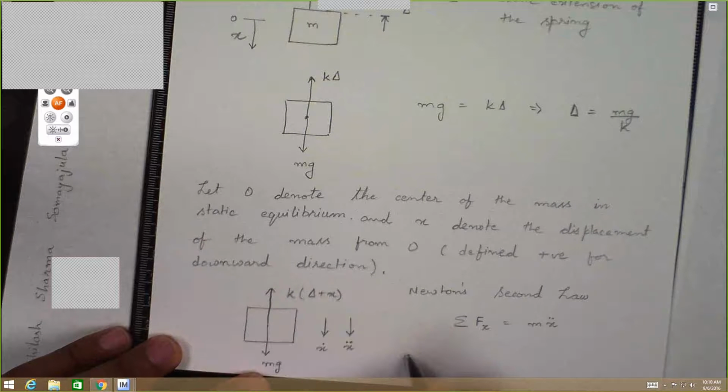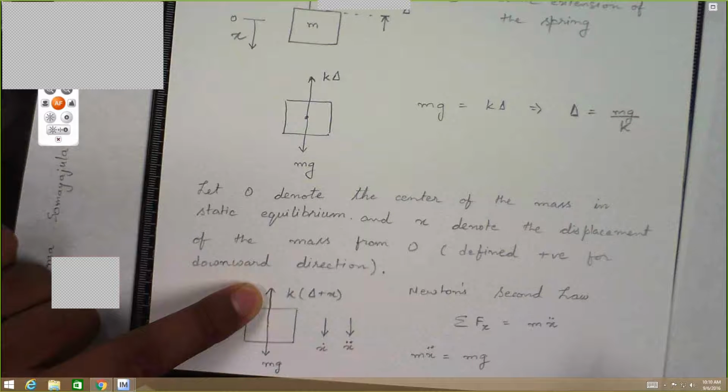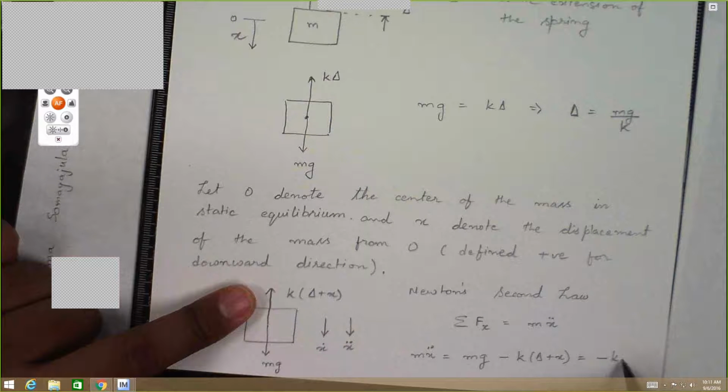So m x double dot is equal to, downward is positive, so mg is positive, and k times delta plus x is in the negative direction. So minus k times delta plus x. But we already know that mg is equal to k delta. Therefore these two terms cancel out each other, and we are left with minus kx.